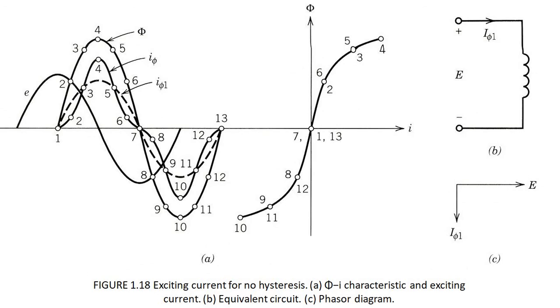The exciting current for no hysteresis: diagram A, the phi-I characteristic of the exciting current; second, the equivalent circuit; then third, the phasor diagram. The first one is the phi-I curve, where phi is the maximum value of magnitude.